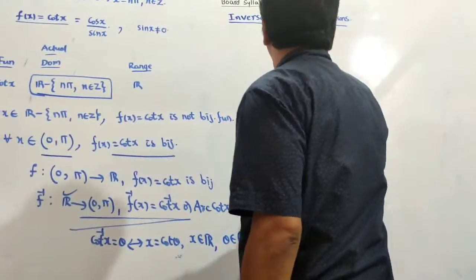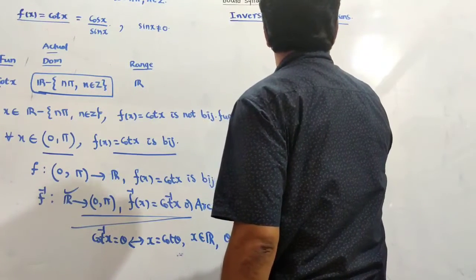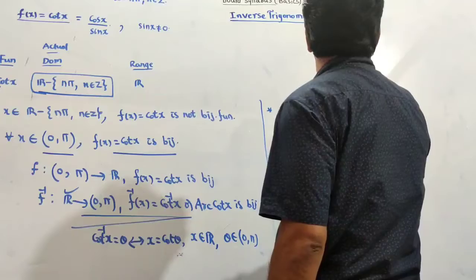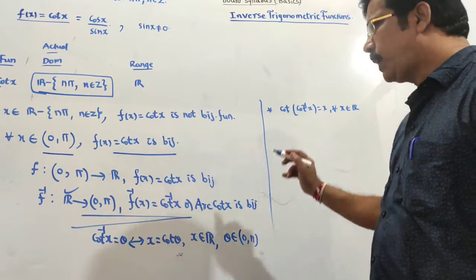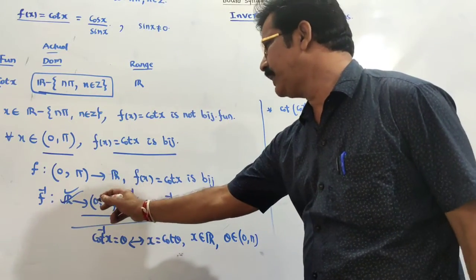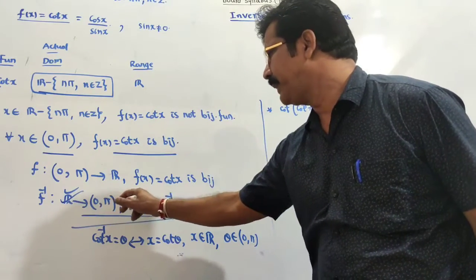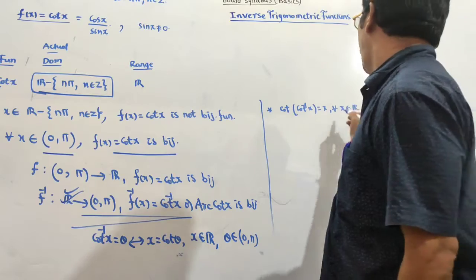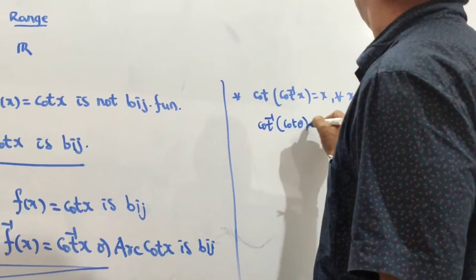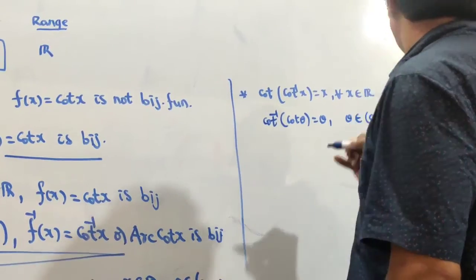Similarly we have the routine formulae: cot of cot inverse of x is equal to x for all x belongs to capital R, x being the domain of cot inverse x. The domain of f inverse is R, and the range is the open interval of 0 to pi. Next, cot inverse of cot theta is equal to theta, where theta must be in the open interval of 0 to pi.